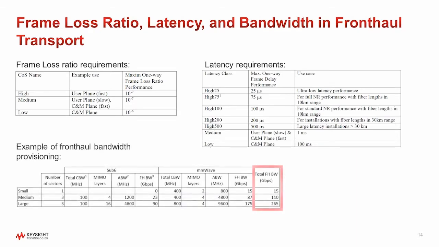So required fronthaul bandwidth also depends on total channel bandwidth. It could depend on the MIMO layers, number of sectors, etc. And depending upon the need, either 10 gig or 25 gig or 100 gig links are used.